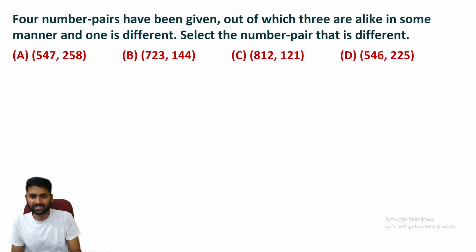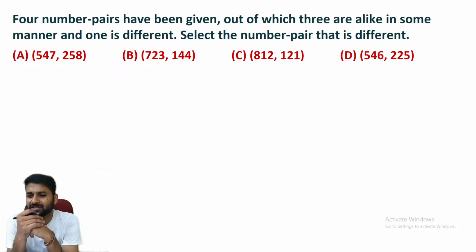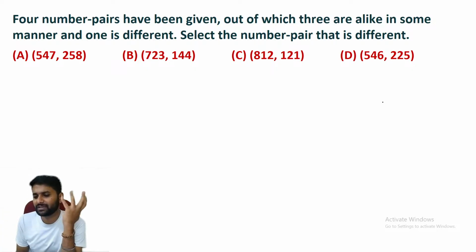Let's go through this relation. Four number pairs have been given, out of which three are alike in some manner, and one is different. So you just identify what that pair is. This is all about odd one out.